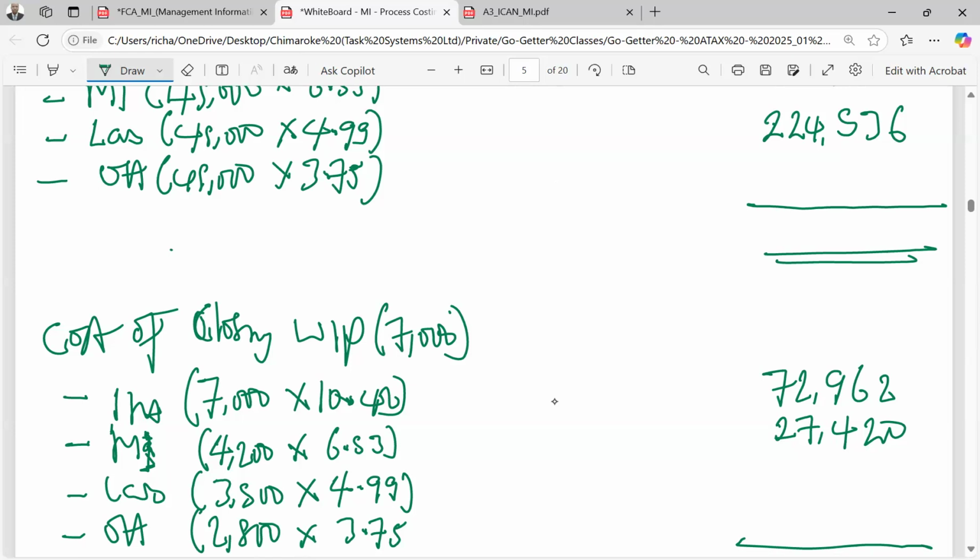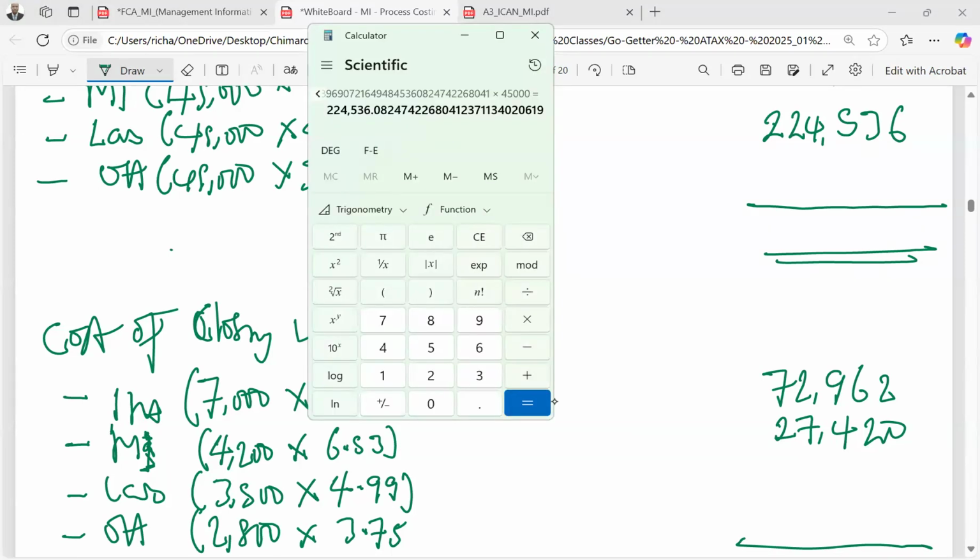Let's see. 224,536. Now let's divide back by 45,000 and rather multiply by 3,500.